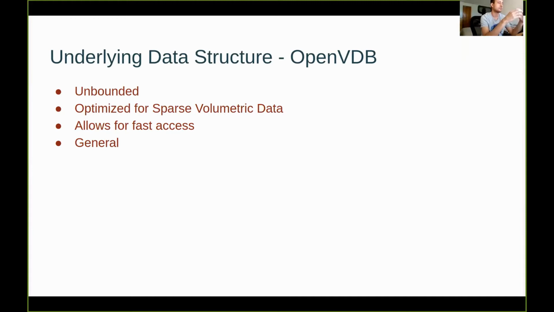Because of them being hollow, the data that they have is sparse. So this library was optimized for those kinds of structures. It works well for us as well, because you can have sparsity in large scale maps, and for the same reason, it allows for very fast access.